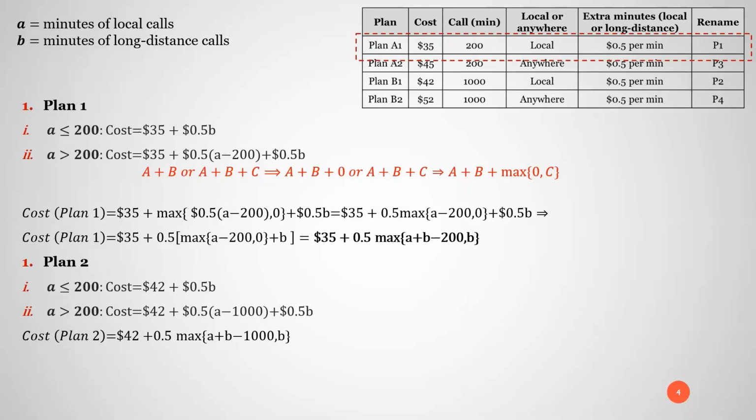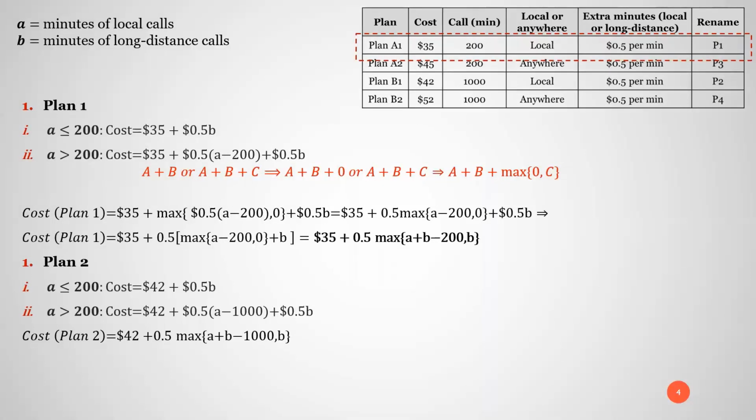If A is greater than 200, let's say, for example, 250, the difference between A and 200, which is 50 here, represents the extra local call minutes, and each extra minute will be charged 50 cents.